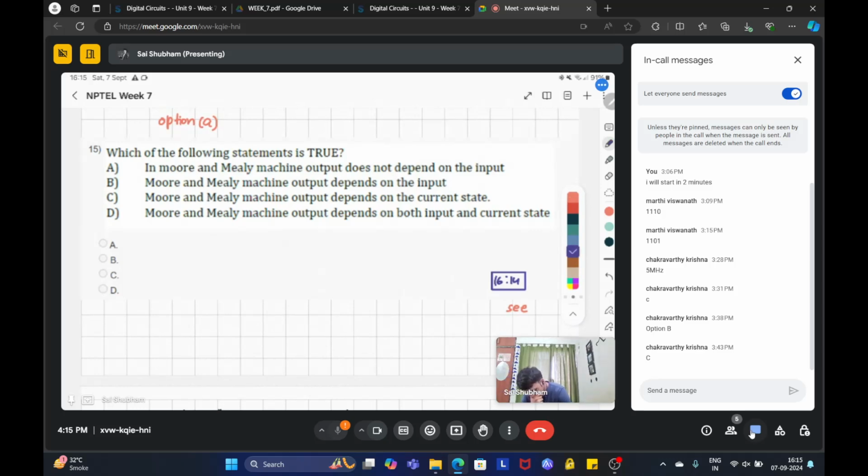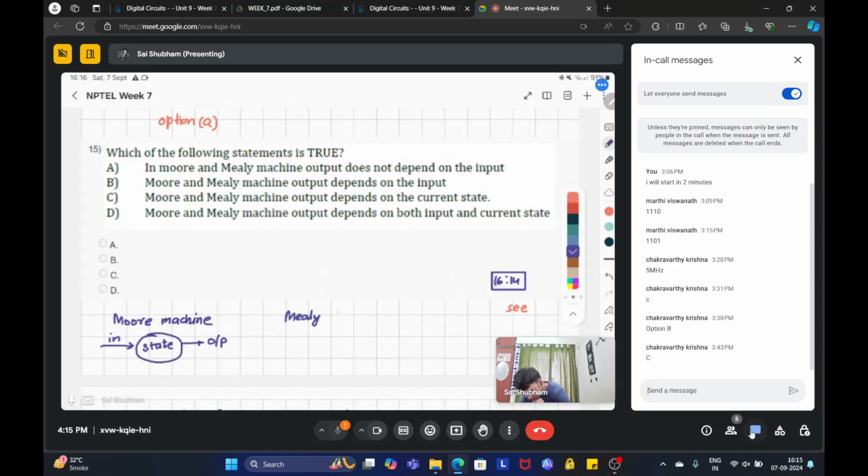So in Moore machine, the inputs update the state which gives the output.